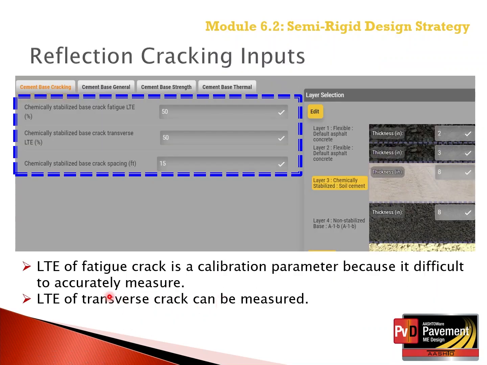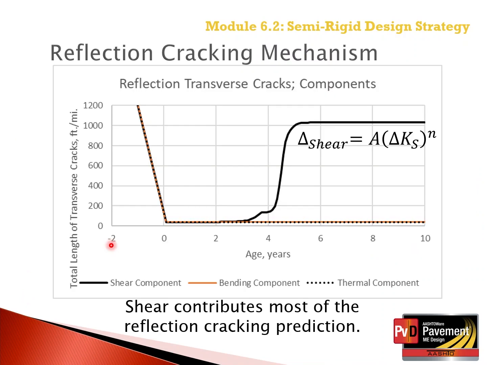So now let's move to why that is the case, or not so much why that is the case, because it's predominantly related to the differential vertical deflection across the cracks, which is a very high contributor to the shear mode.